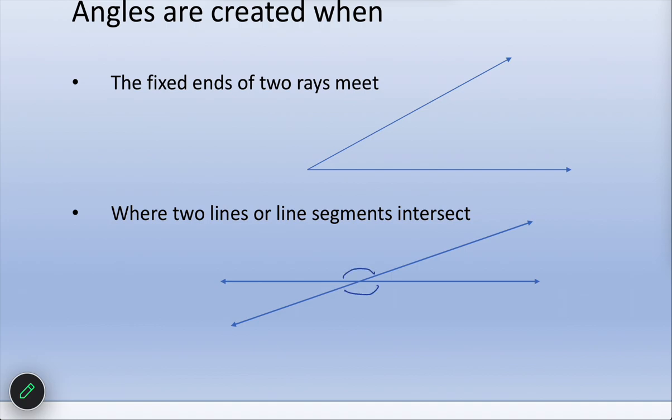And if you were to measure those with a protractor or some type of angle measuring device, those are the same size. Those are called vertical angles. And this pair is the same size. So that's a fact about two crossing or intersecting lines that's really helpful to know.